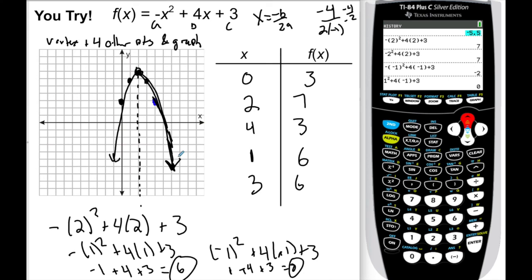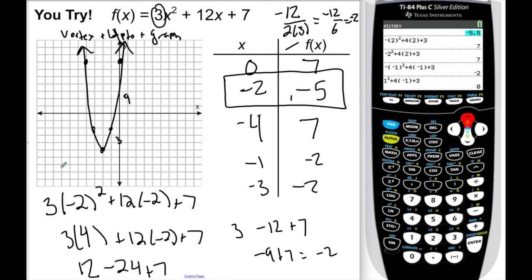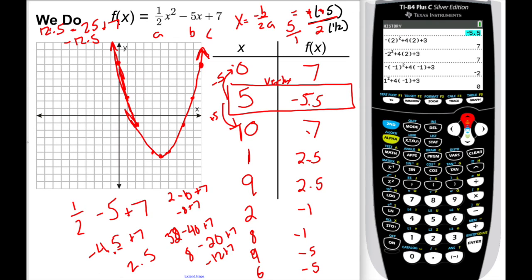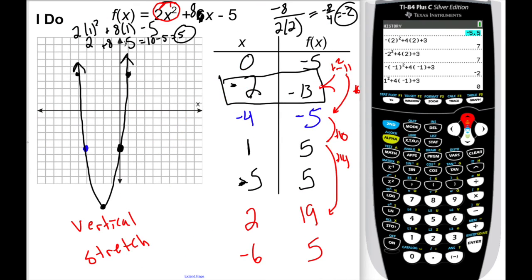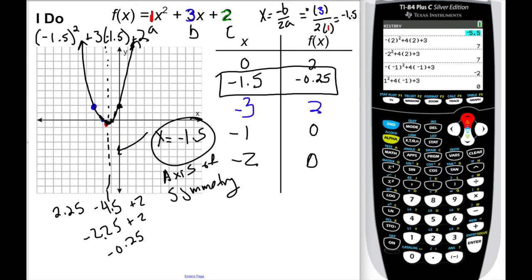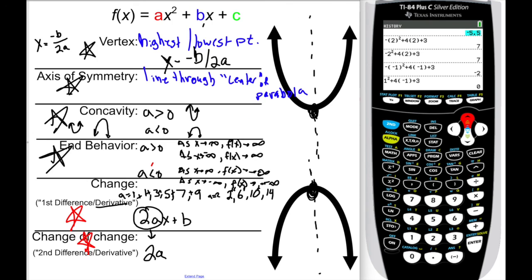And now I'm able to do that whether the graph is on the right or the graph is on the left, where plugging in 1, 2, 3, 4, 5 wouldn't do anything, or the graph is way on the right, so plugging in -1 and -2 would not do much, right? No matter where the graph is, no matter what the graph looks like, we have these patterns and observations that let us get a sense of what's happening starting at the vertex and going on. And we can even use these patterns to find the vertex.